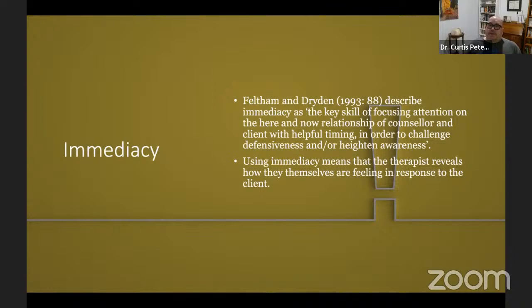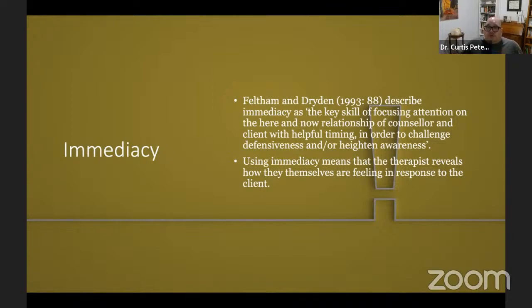Immediacy is kind of mindfulness in the group setting. It's when things are getting so intense, so emotional, and so almost to that point where it's going to go out of control, that you stop and you say, okay, real quick, because we need to just come back to right here and now.